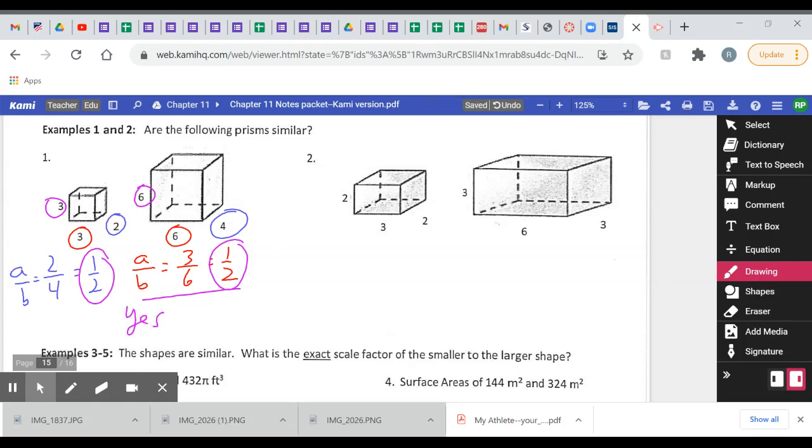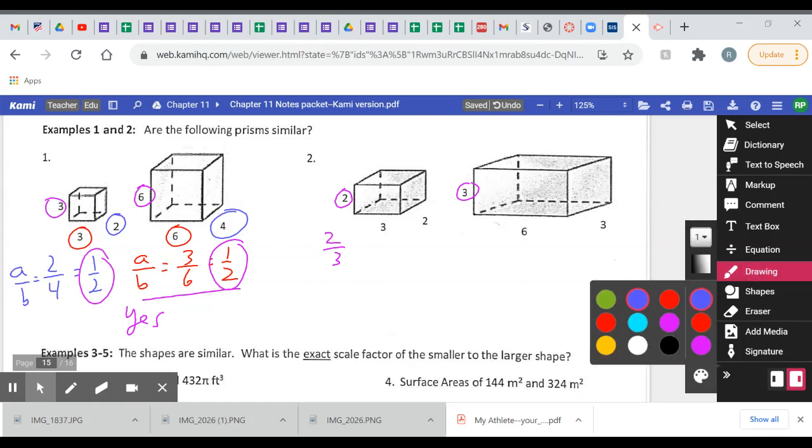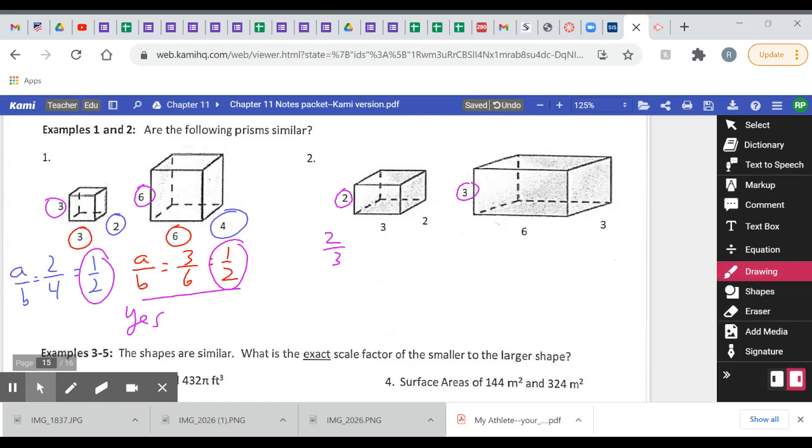All right, if we do the same type of thing over here on number 2, we can see that the heights of both of these prisms are 2 and 3, so we can write that as a ratio. We can look at the bases, and we can see the length of the base is 3 and 6, the longer side of the base. So we've got 3 over 6, and it reduces down to 1/2.